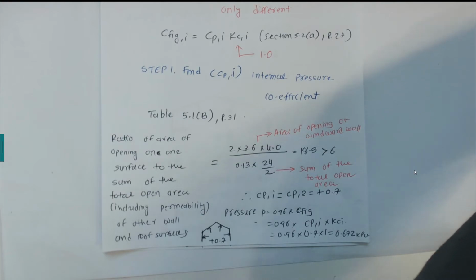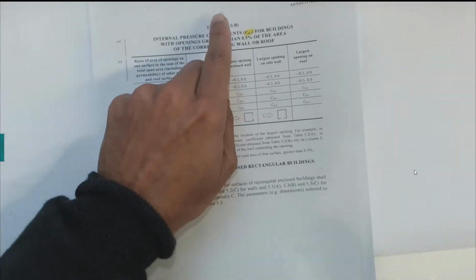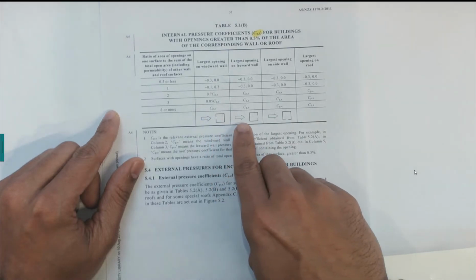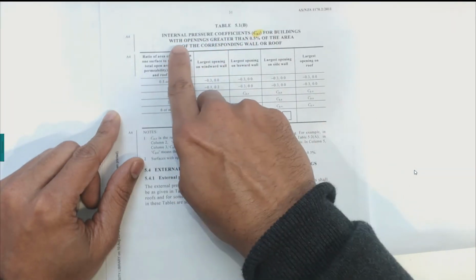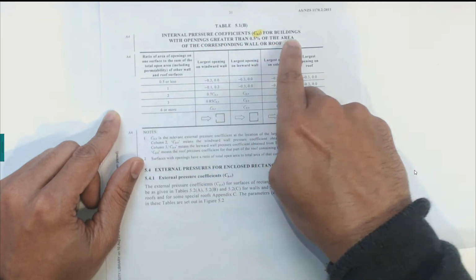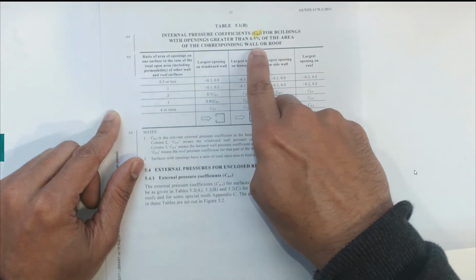Table 5.1b on page 31 covers the case where you have an opening in one of the walls: the internal pressure coefficient for buildings with an opening greater than 0.5% of the area of the corresponding wall or roof.